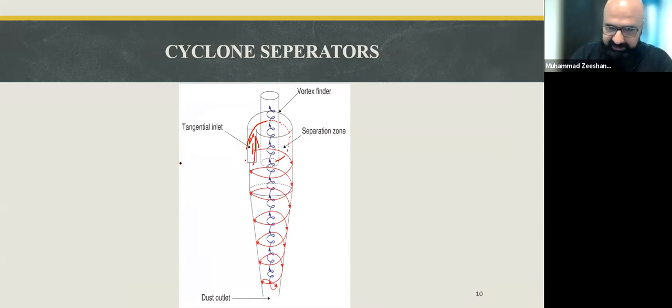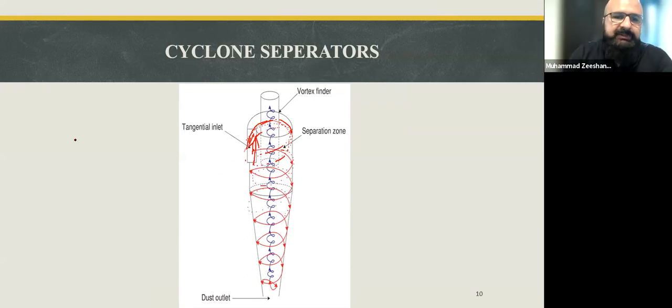So we introduce that dirty gas tangentially in this conical shaped equipment. This tangential introduction makes the dirty gas move on a circular path, right? And the gas spirals downward, right?